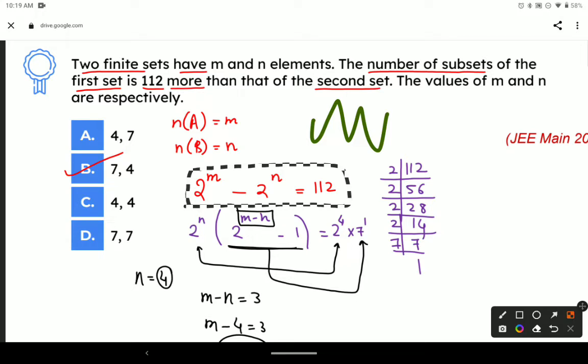Here in the question this difference will be given. So first note down this difference. And the second step you should do is take out 2 power n as common. By taking 2 power n as common, we result in 2 power n into (2 power m minus n minus 1). So this is equal to 112. On prime factorizing we got 2 power 4 into 7 power 1. So if we compare, n results in 4.